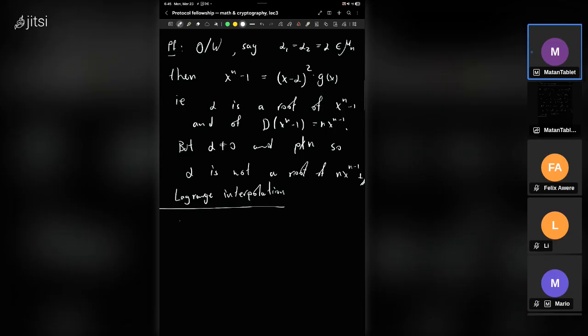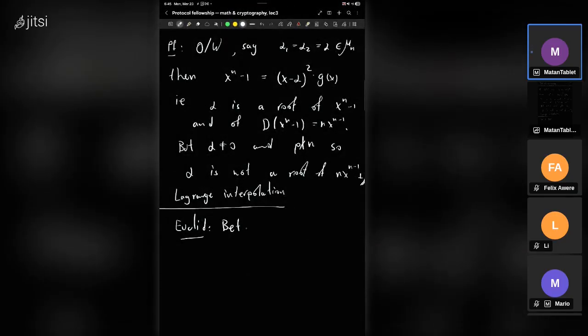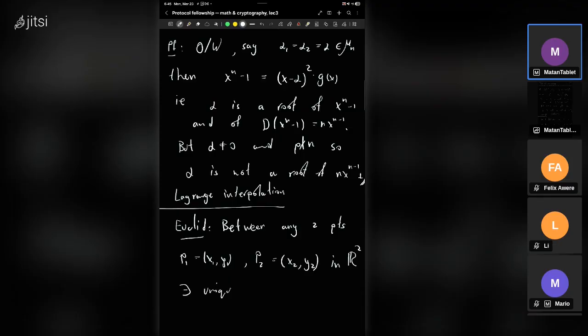So Euclid said between any two points P1 equals (x1, y1), P2 equals (x2, y2) in the Euclidean plane, which we denote as R2, there exists a unique line that passes through these points.